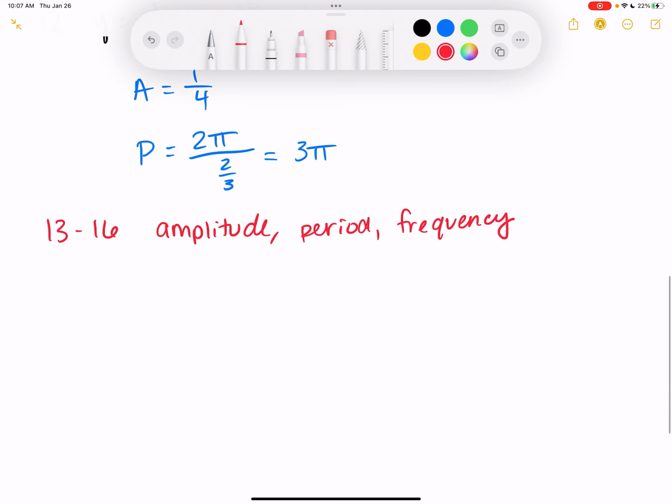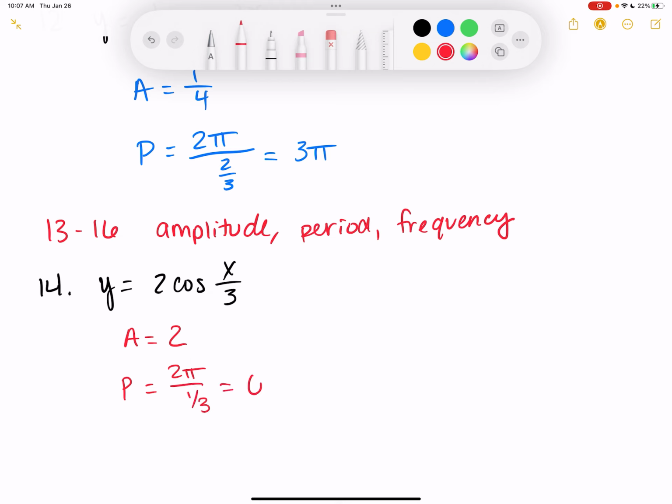So, a couple examples of this. Number 14, y equals 2 cosine of x over 3. Amplitude and period we know how to find. So what is amplitude? 2. And then period is? 6 pi. Yeah, so 2 pi over 1/3, which is 6 pi.